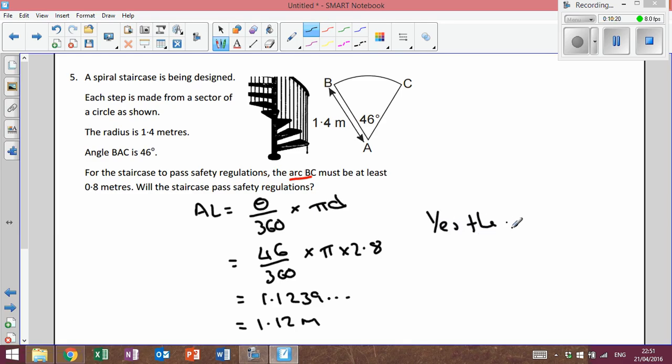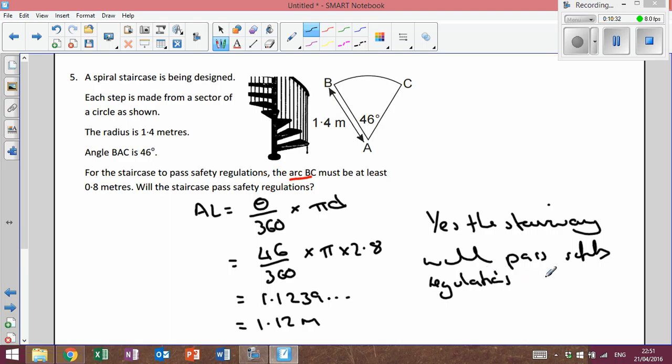Yes, this stairway will pass safety regulations. And remember, in our answers, we always want a comparison: 1.12 is bigger than the 0.8 meters required.